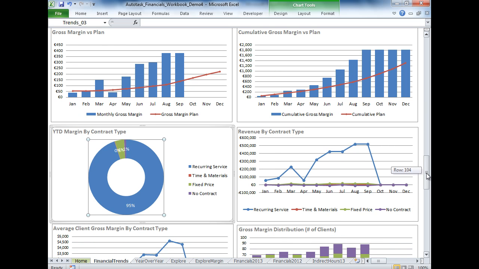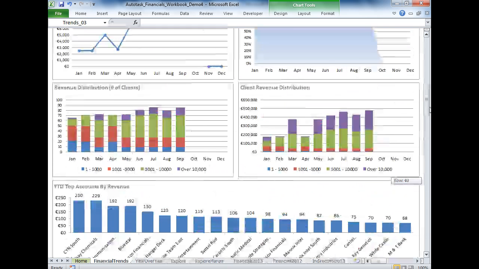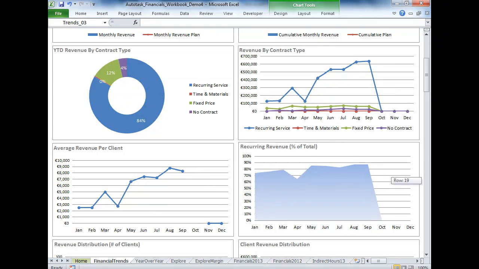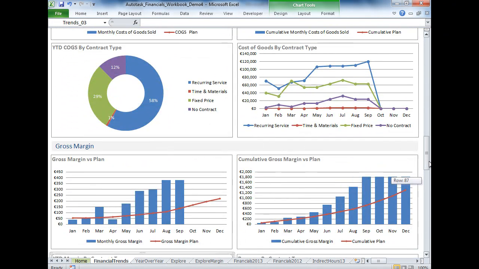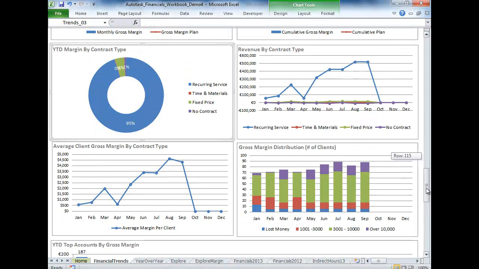I'm seeing that 95% of my margin is coming from recurring service. Interestingly, 95% is coming from recurring service, whereas only 84% of my revenue. So a much higher percentage of margin is coming from the recurring service, and I can see this trend.